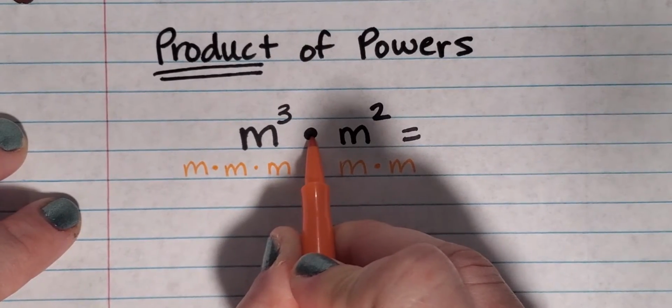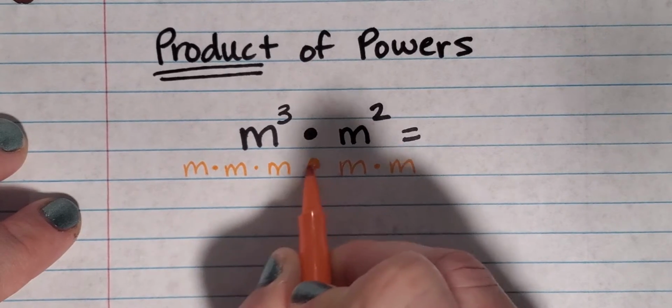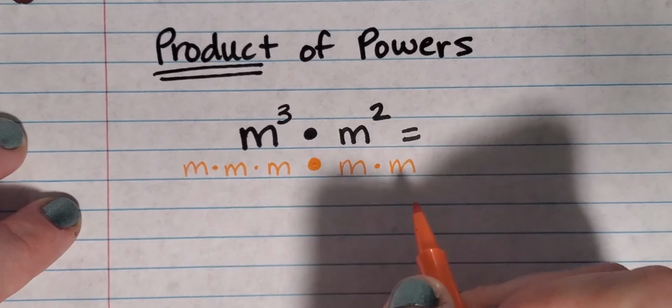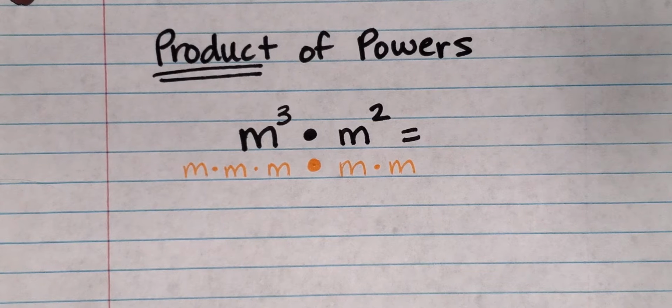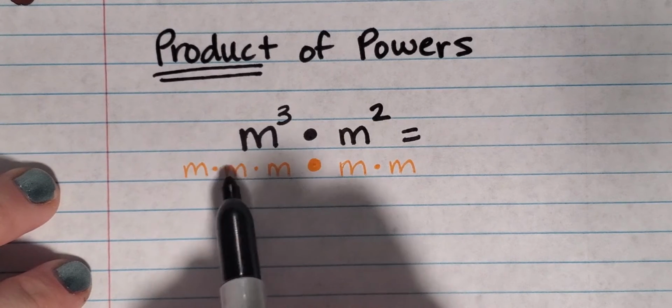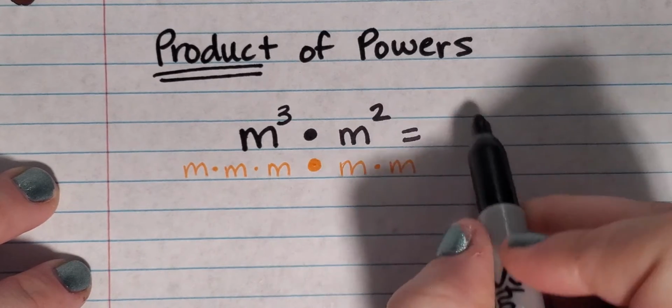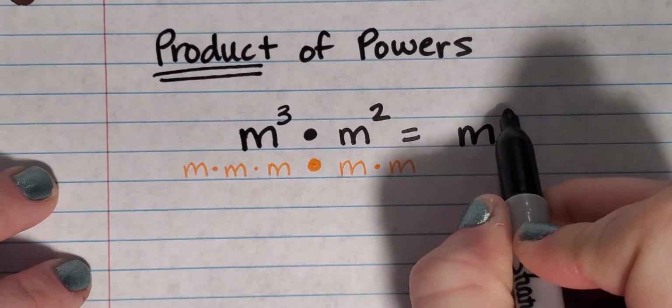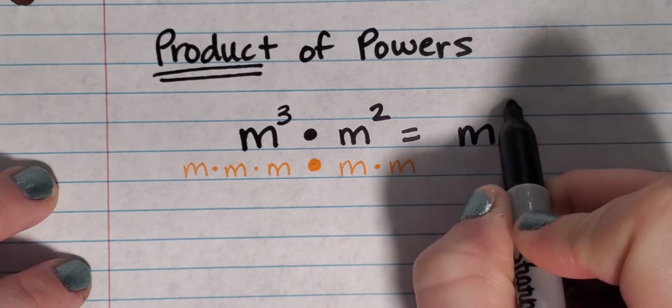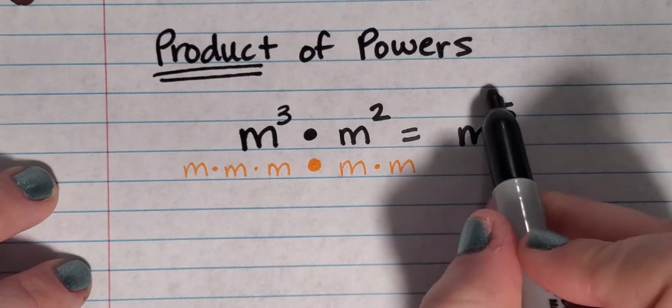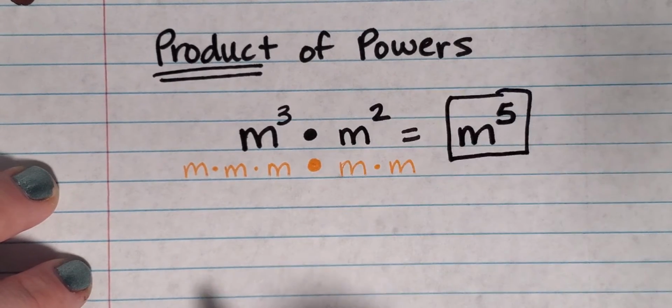And I'd still have this multiplication dot to represent between those two. So once I expand that out, I can see that I have 1, 2, 3, 4, 5 bases, so 5 m's. This would be my final answer.